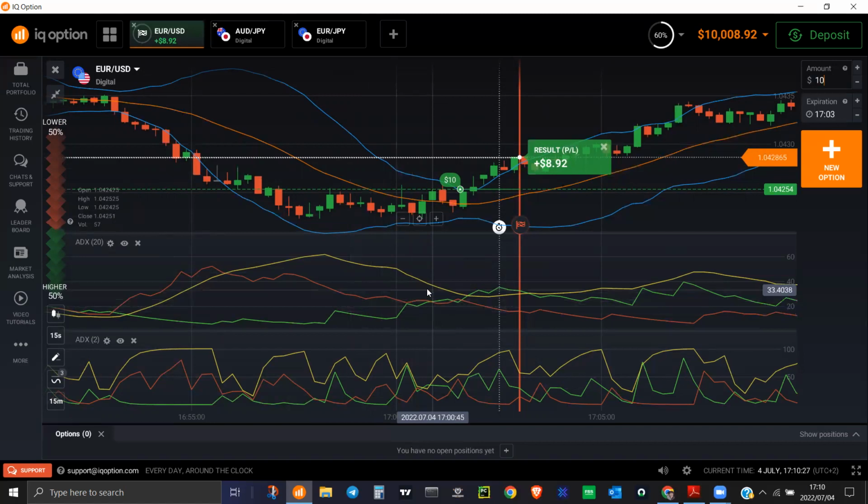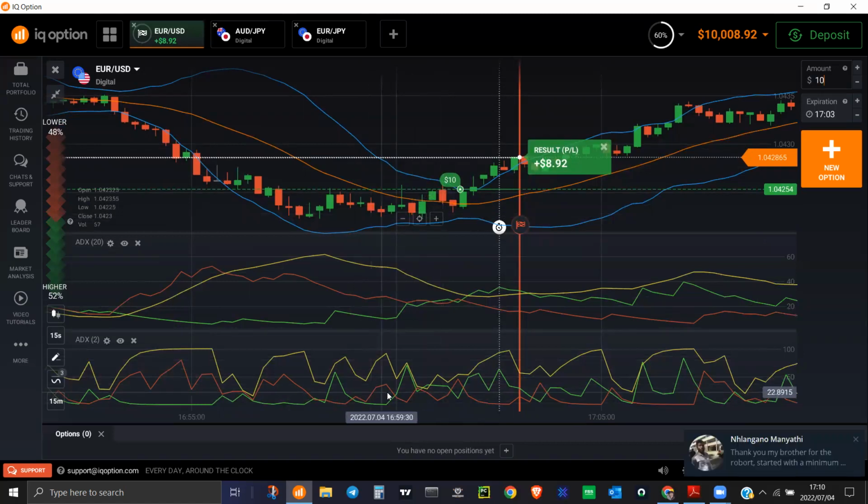So I knew that because the Bollinger Band told me that the crossover will not take place immediately. So just be patient. And then the last thing, obviously, you just look at your ADX 2, which tells you when to enter and when not to enter, right?